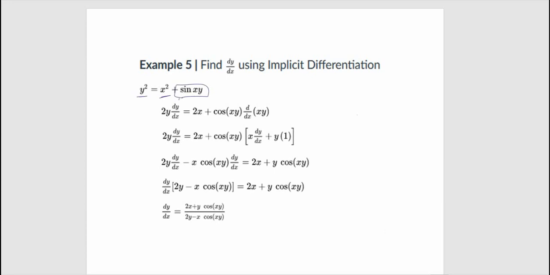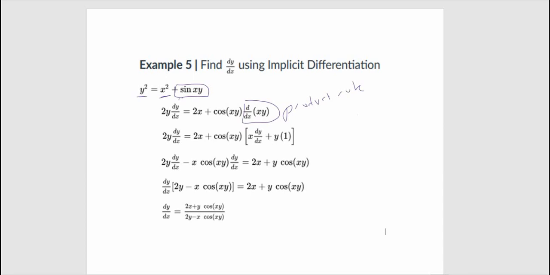Now the derivative for sine of xy, of course we have to use the chain rule for that. So the derivative of the outside would be the cosine, and then we have the derivative of xy. Okay? Now the derivative of xy, we have to use the product rule.